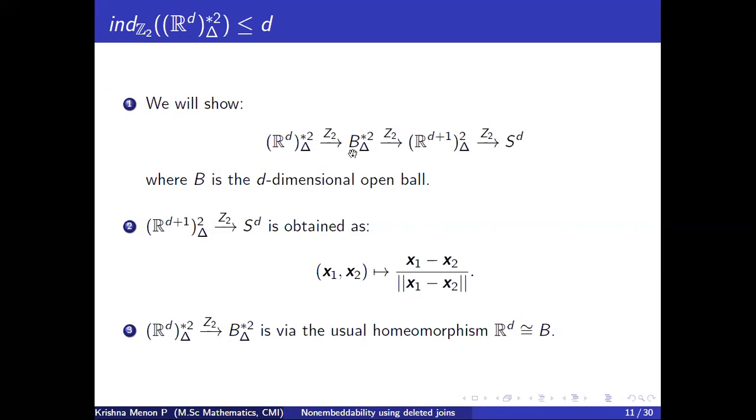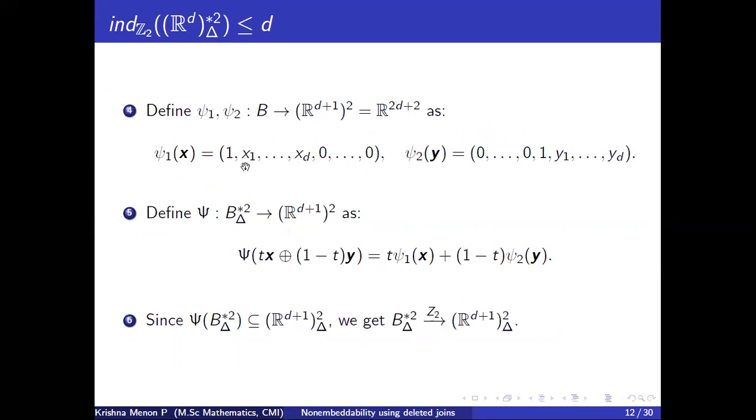Remember what I mentioned about the deleted join: for any space you can define it. That's how we get this deleted join of B. So we have this Z2 map and this Z2 map. What we care about is this one, which we get in this way. We define two maps from B to the product of R^(d+1) with itself, which is basically just R^(2d+2), and this is how you define the two maps.